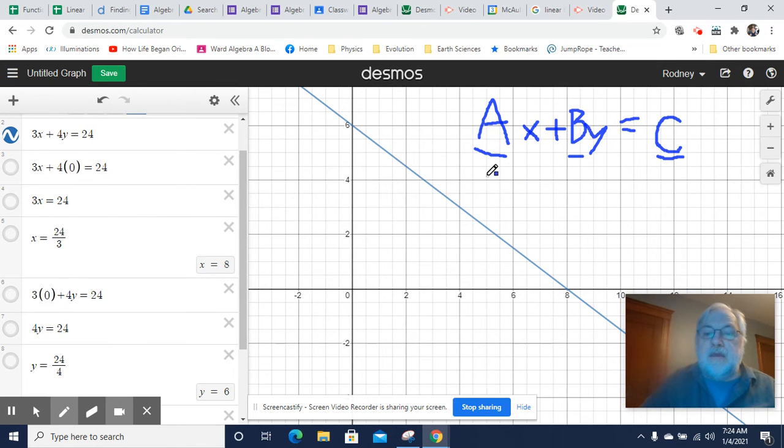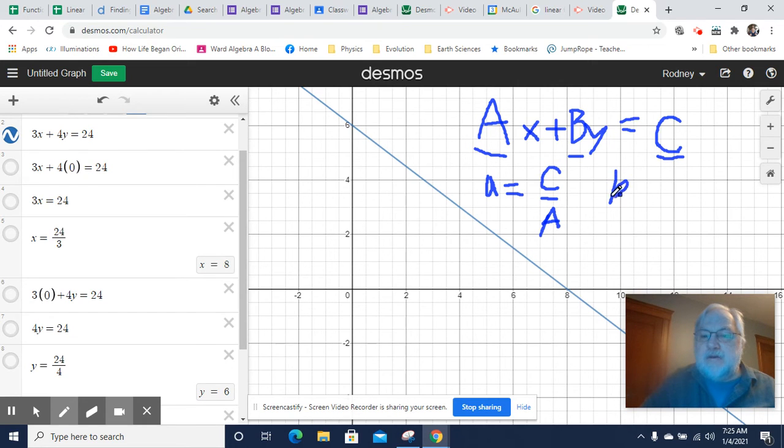So the x-intercept, which we use a lowercase a for in linear equations, is just going to be the C over the A. And you should write this down. This is a cheat code for you.